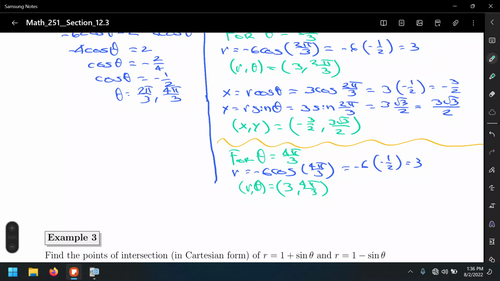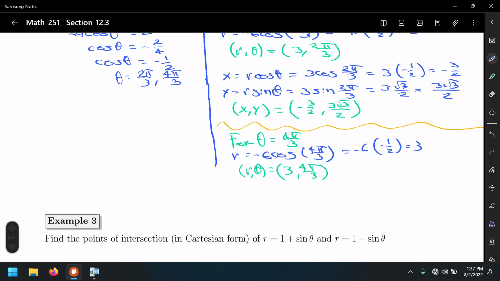Okay, and we need to convert this point into its corresponding rectangular coordinates. Again, we are going to use the same relations as before: x equals r cosine theta, and y equals r sine theta. So 3 cosine 4 pi over 3, and 3 sine 4 pi over 3.